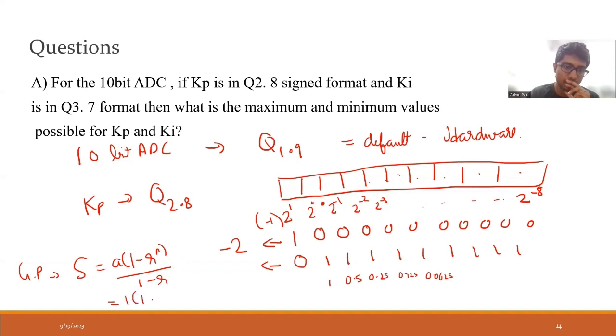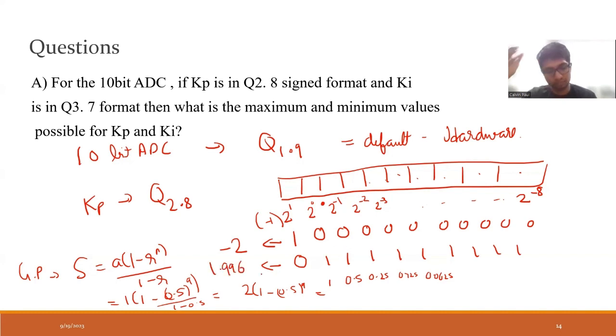So it is 1 into 1 minus 0.5 raised to 9 upon 1 minus 0.5, which is 2 into 1 minus 0.5 raised to 9. That corresponds to 1.996.